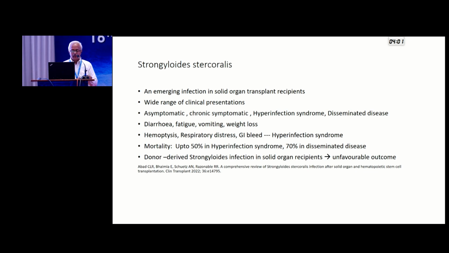And the interesting fact is that donor-derived strongyloides infection in solid organ transplant recipients is possible, even though that is not the primary cause or pathomechanism. Usually the most common cause is reactivation of the chronic, asymptomatically present strongyloides post-transplant, from the recipient source only, but it can be donor-derived as well.